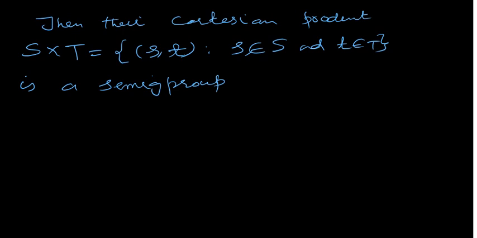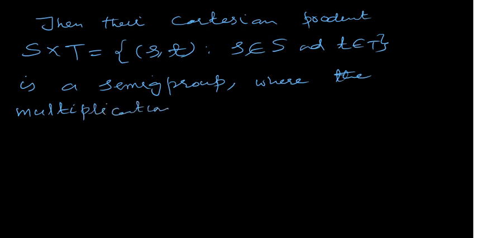Then their Cartesian product S cross T, which is equal to the set of ordered pairs (s, t) with s in S, t in T, is a semigroup where the multiplication is defined component wise. Is point wise or component wise, you can see.